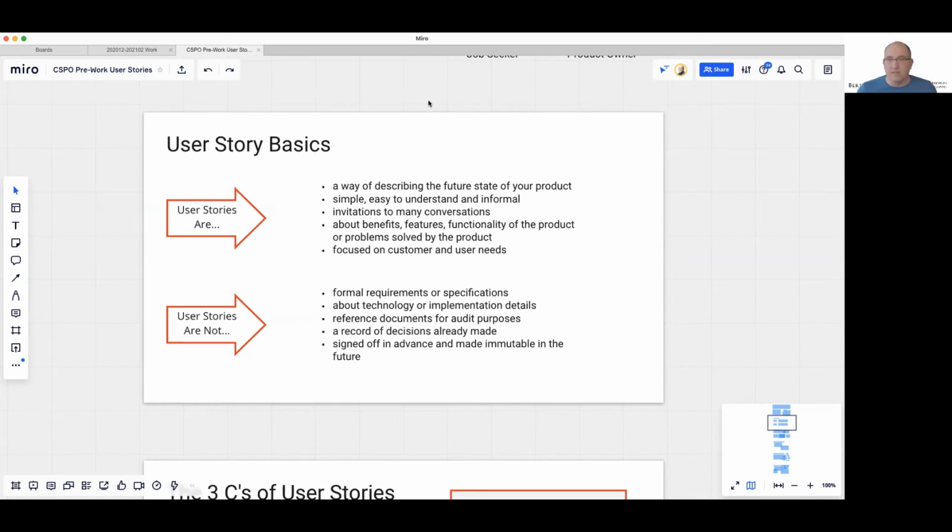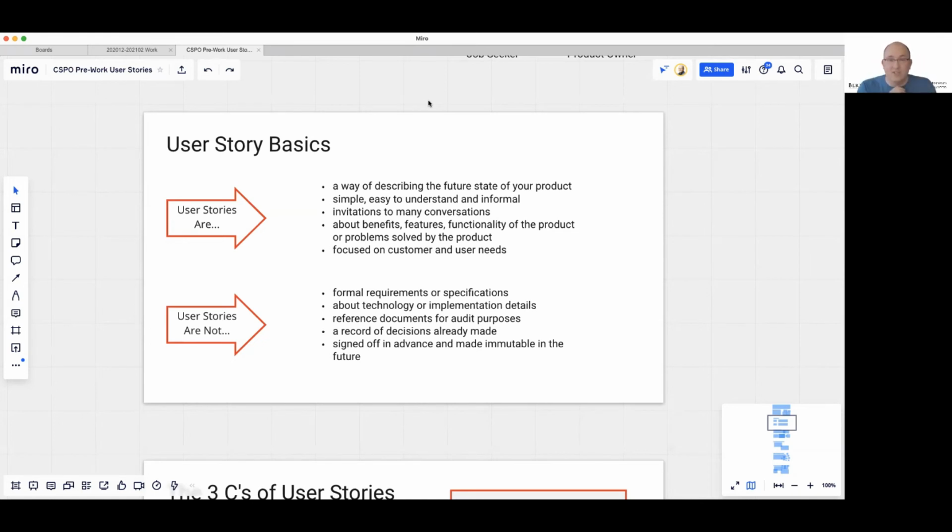A user story is not detailed enough. It's not about any technology or implementation details. It's not meant to be a permanent reference for audit purposes 5 years in the future. It's not designed to be traceable. It is also not a record of decisions already made.